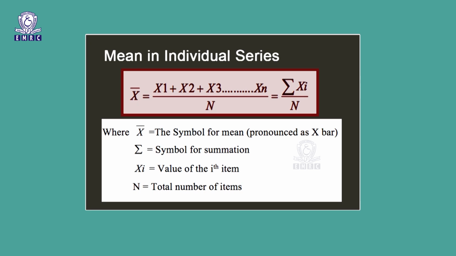It can be expressed using the mathematical formula x bar is equal to x1 plus x2 plus x3 up to xn divided by capital N, that is the number of units, is equal to sigma xi by N, where x bar represents the symbol for mean, sigma is a symbol for summation, xi is the value of ith item, and capital N is equal to total number of items.